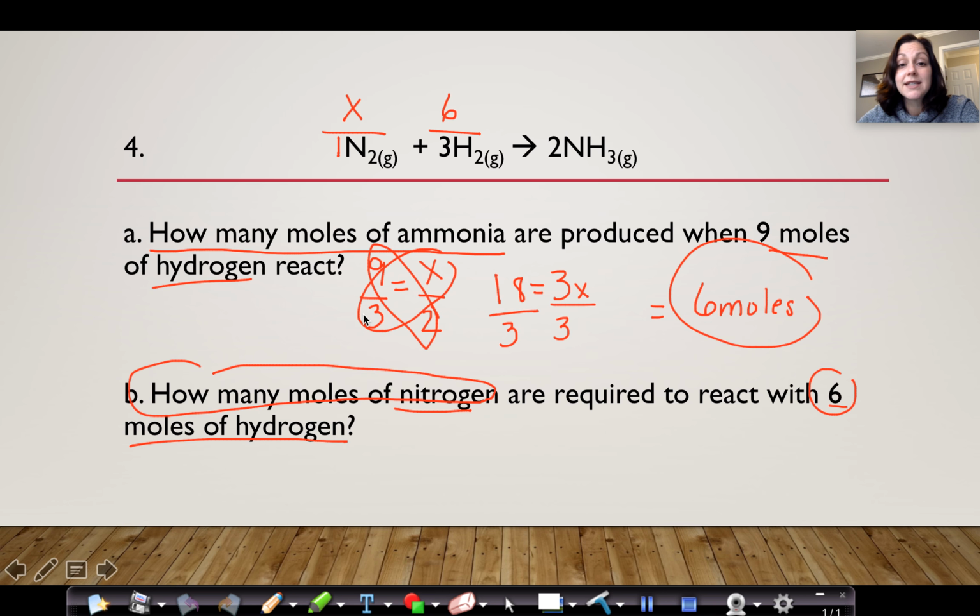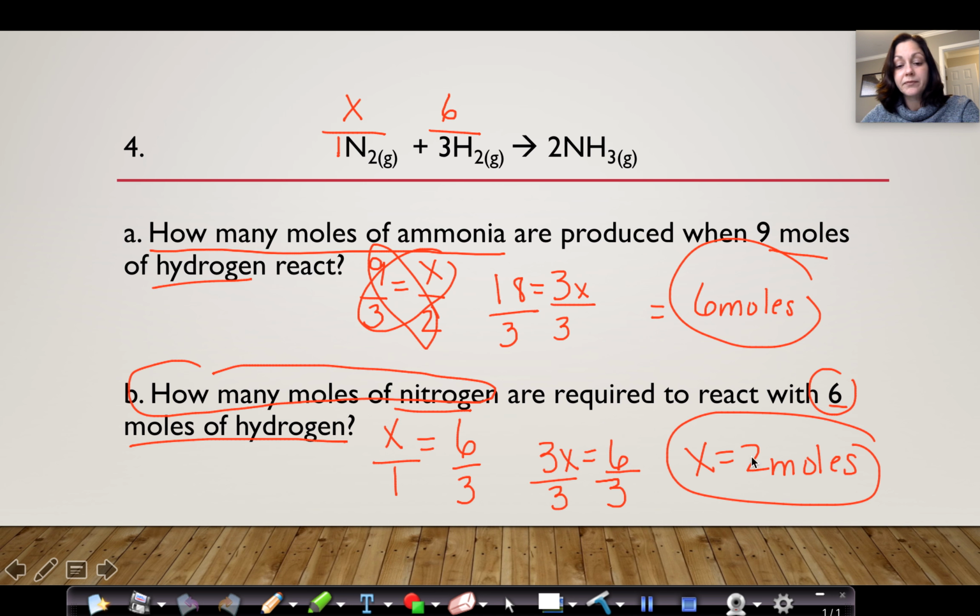What I can see right away is that this number on top is twice the coefficient, which means that my X will be twice the coefficient for nitrogen. But in case you didn't see that, we can pull these down and set up a proportion. X over 1 equals 6 over 3. When we cross multiply, 3X equals 6. Dividing both sides by what's in front of our X, we get that X equals 2 moles. So this is the general process for doing multi-mole problems.